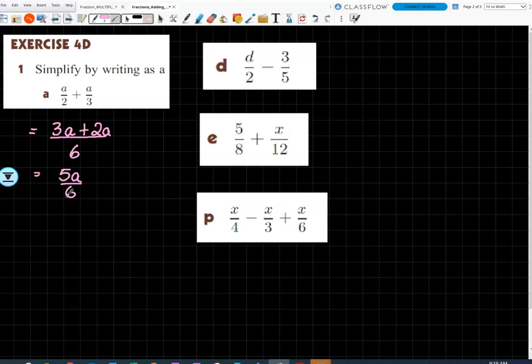All right, when you're subtracting, same deal. What's the smallest number that 2 and 5 both go into? 10. Okay, and cross multiply, so that becomes 5d. Take 2 3s are 6. I've got the 6 and the 10. Can I cancel those?